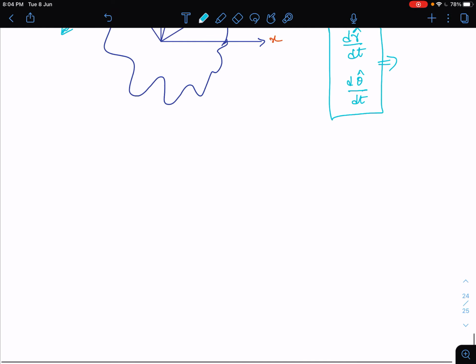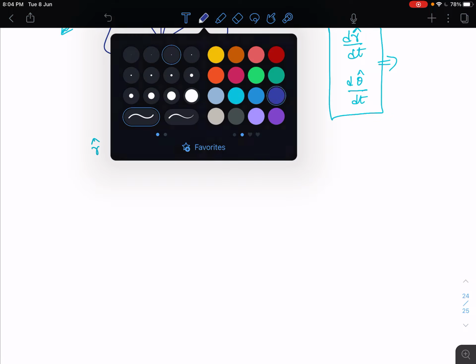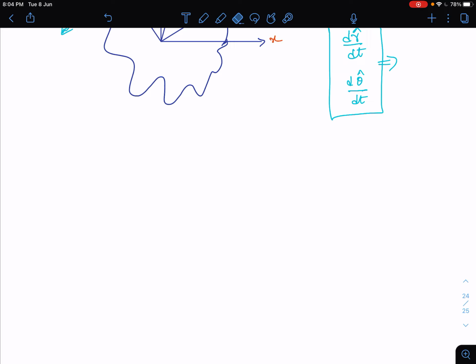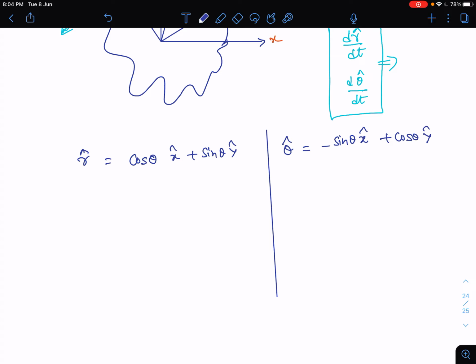Since r cap that we have already obtained is, sorry, let me change the color. So that r cap is nothing but cos theta x plus sin theta y, and theta cap is minus sin theta x plus cos theta y.